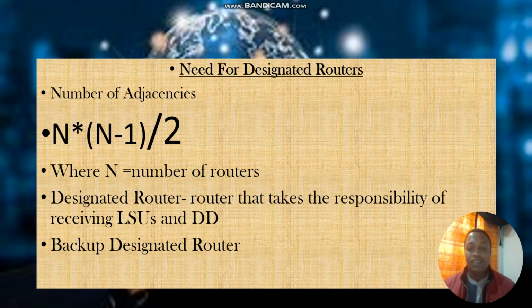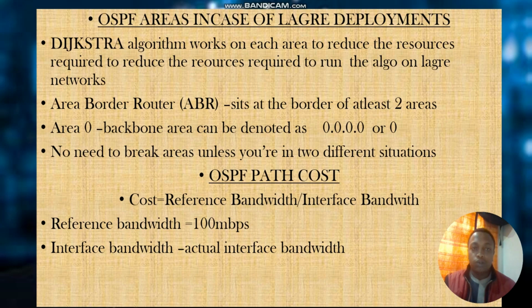And we have said the designated router is that router that has taken the responsibility of receiving the link state updates and the database description packets for that specific OSPF area. Now, if a designated router fails, we also configure what is called a backup designated router, and that is supposed to offer failover services in case of failure of a router.